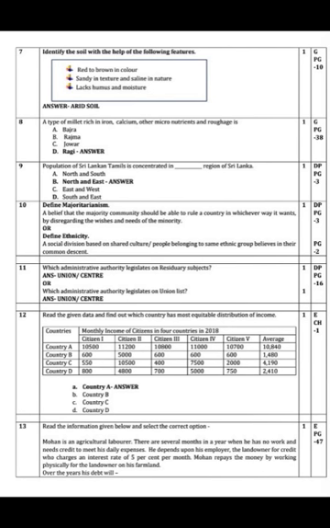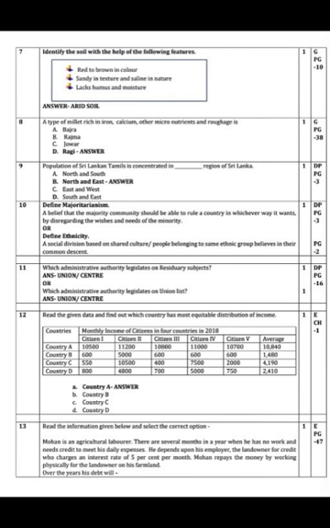Sri Lanka. Second is ethnicity, meaning ethnic, the racial group. So a social division based on shared culture, where culture is shared and people belonging to the same ethnic group believe in their common lineage or descent. So ethnic group, the racial group, in this way you have to define ethnicity, meaning the social division based on shared culture.